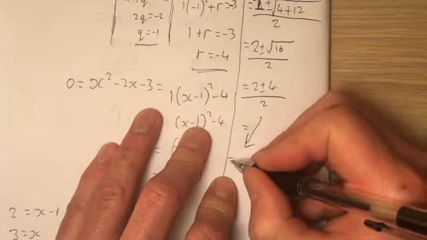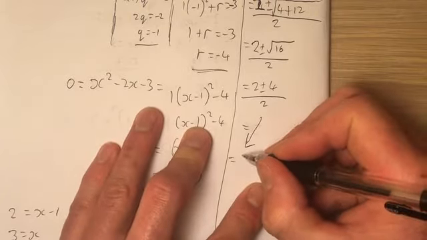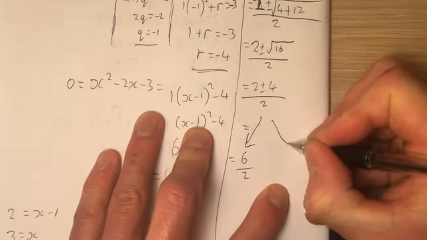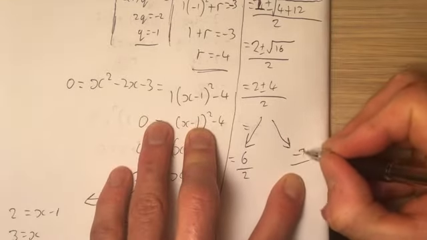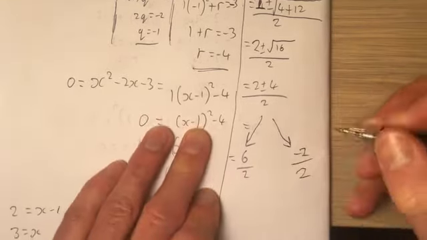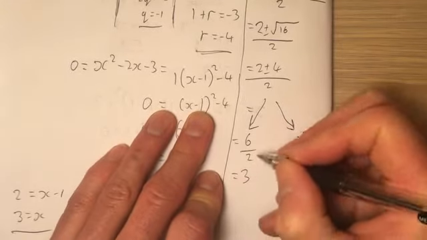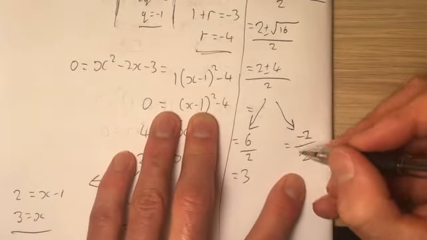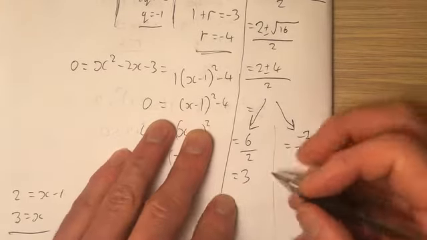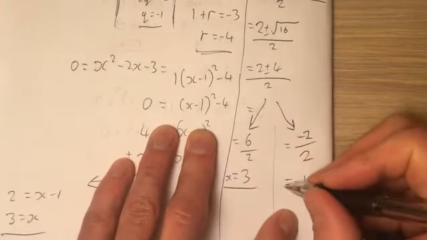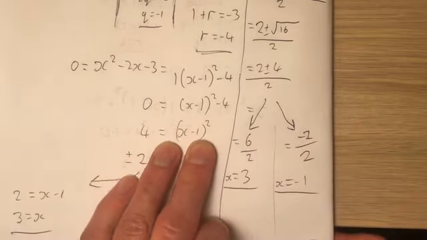So either we've got the 2 plus 4 being 6 over 2, or we've got the 2 take away 4 being negative 2 over 2. 6 over 2 is the same as 3. Negative 2 divided by 2 is going to be negative 1. So either x equals 3 or x equals negative 1.